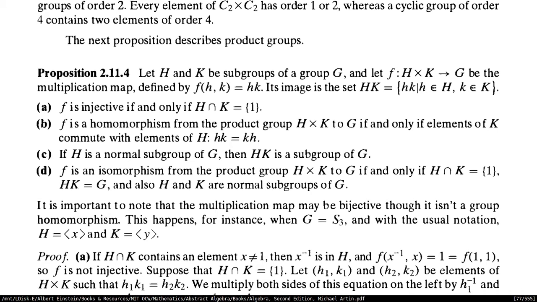So if H intersection K contains some non-trivial element, that is an element that is not equal to the identity, then its inverse is also going to be in H. So when you apply this f to this inverse and x, it's going to be the identity.